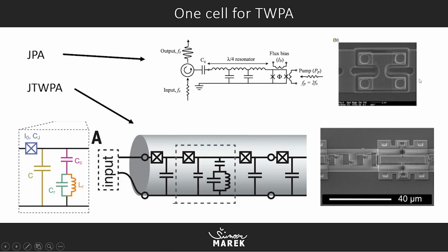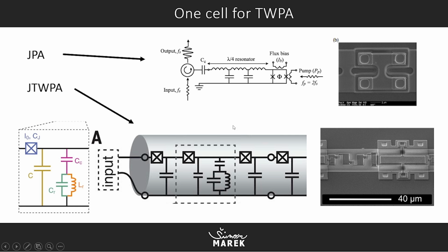Here's a zoomed cell for the Josephson parametric amplifier. So this is the first type. This is a very simple one, and it is basically tuned at one frequency, at one resonator frequency.